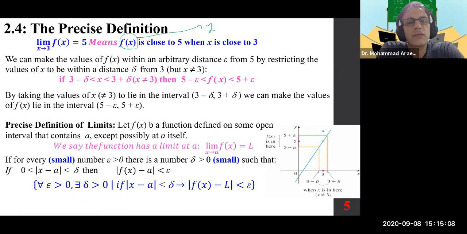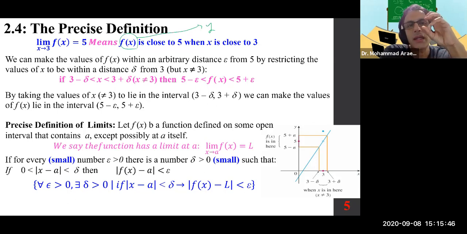So precise definition of limit: let f of x be a function defined on some open interval that contains a, except possibly at a itself. In other words, whether the function is defined at a itself is not important. Remember, you're looking at the limit, you're coming towards a, you may never get there. And therefore, a itself is not important, even if the function is not defined. So we say the function has a limit at a, the limit of f of x as x approaches a equals L, if for every small number epsilon larger than 0, there is a number delta.